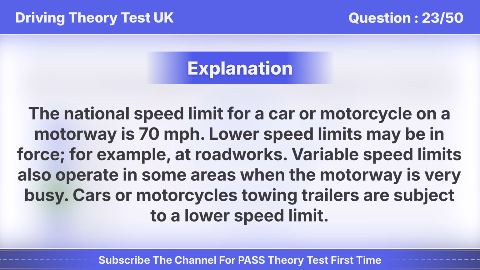The national speed limit for a car or motorcycle on a motorway is 70 miles per hour. Lower speed limits may be in force, for example, at roadworks. Variable speed limits also operate in some areas when the motorway is very busy. Cars or motorcycles towing trailers are subject to a lower speed limit.